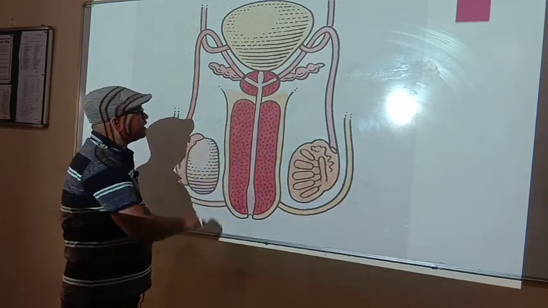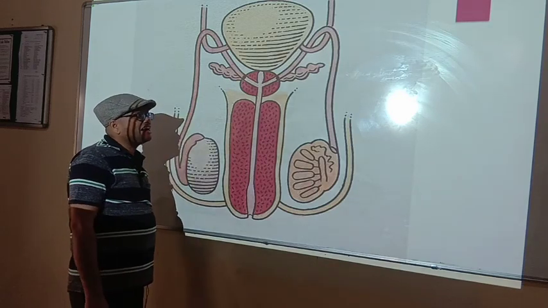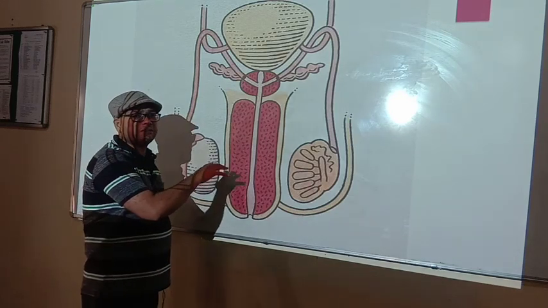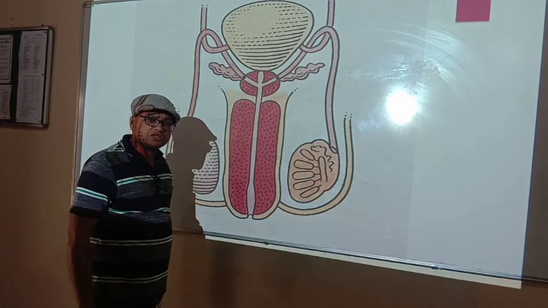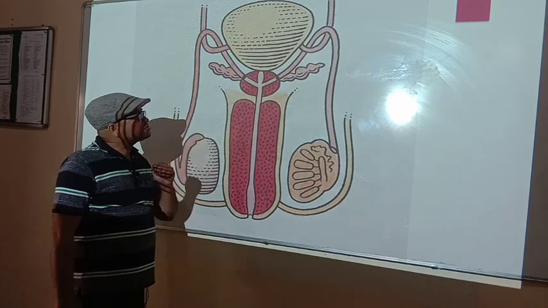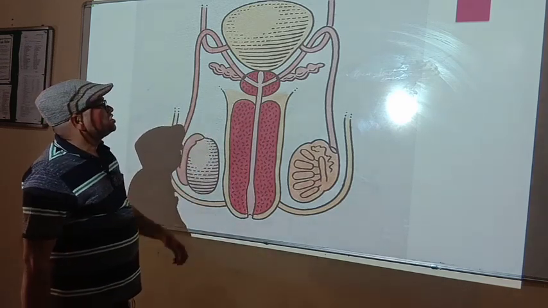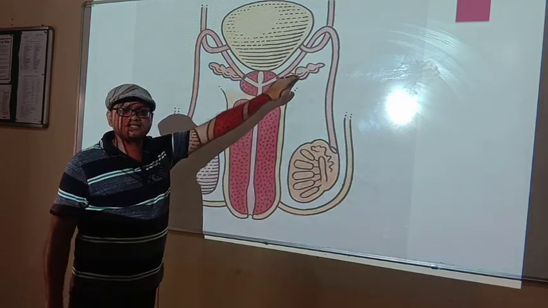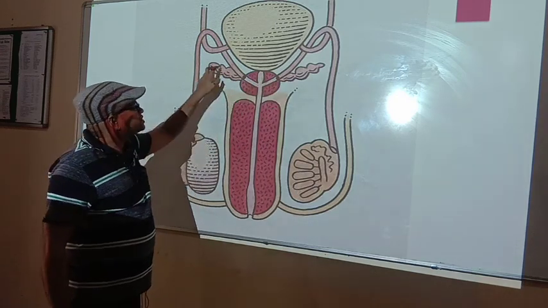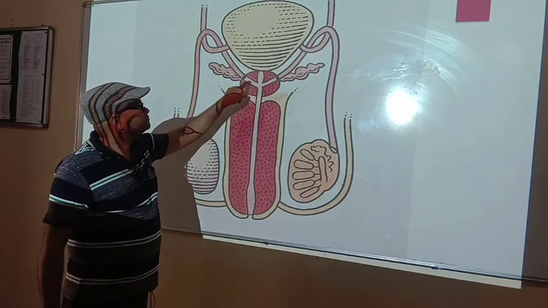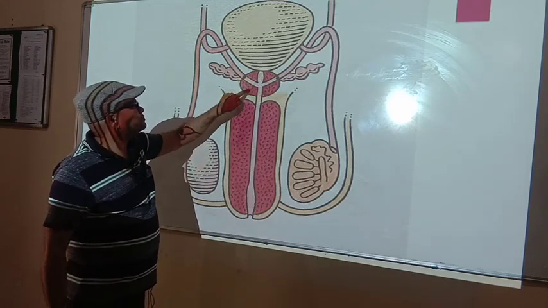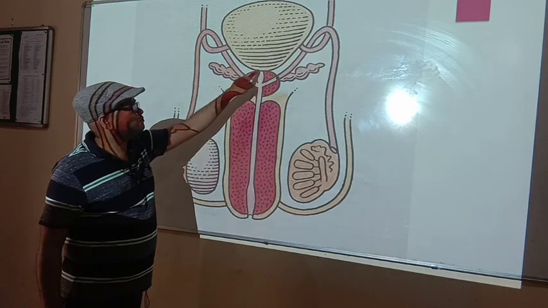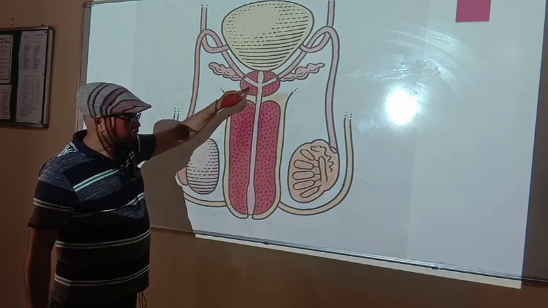Along with these different parts, three accessory glands are also found in the male reproductive system. First, the seminal vesicles. These two sac-like structures are called seminal vesicles. Second, the prostate gland. This structure is the prostate gland that surrounds the prostatic urethra.